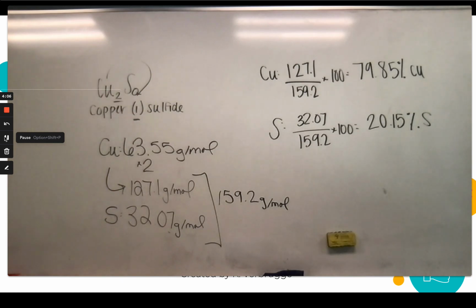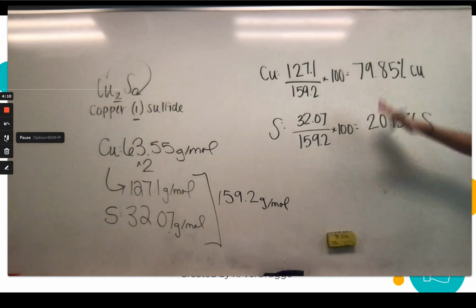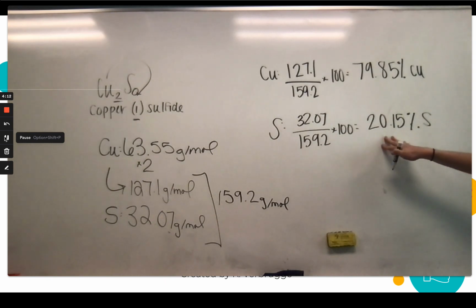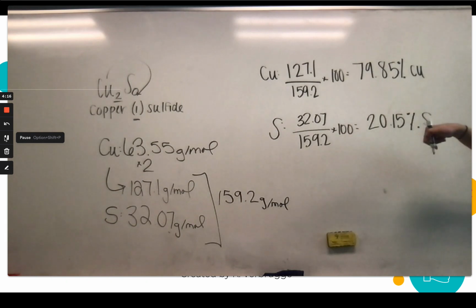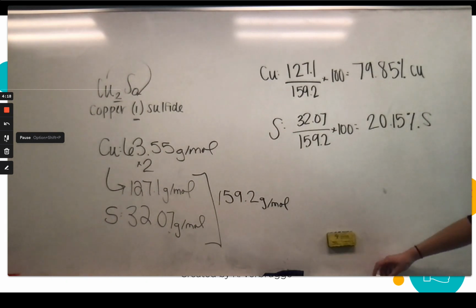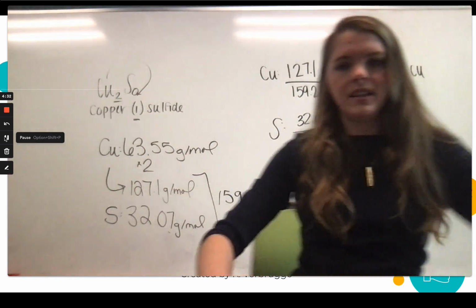I know you're thinking, I didn't even have to do this step, I could have just subtracted from 100. That is correct. However, I want you to do both steps and then check your answer, rather than using that little cheat to do the work for you. If you use the cheat code, it might mess you up in the long run, but you can always use the 100% rule to add these up and ensure they equal 100 to make sure your answer is correct.